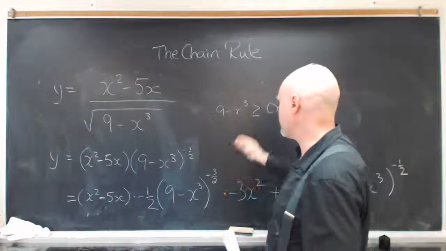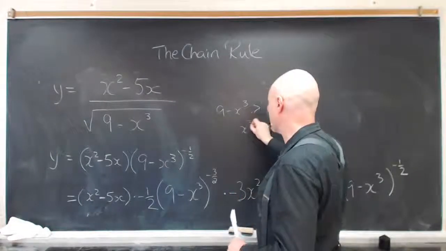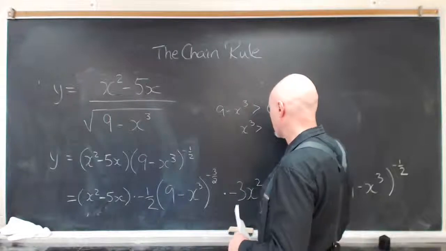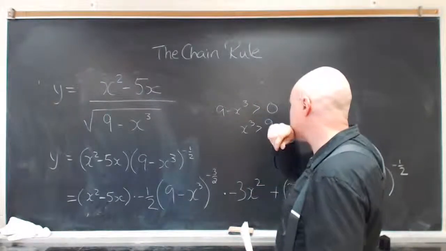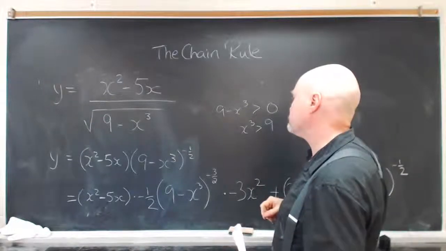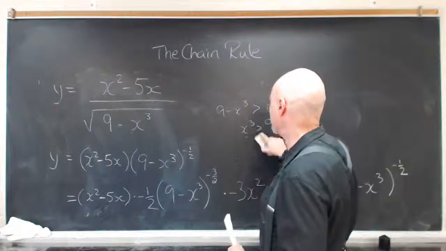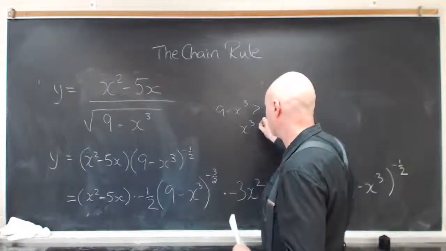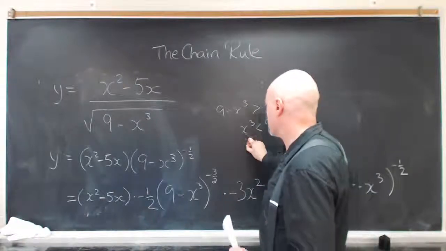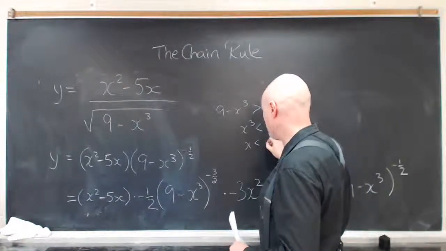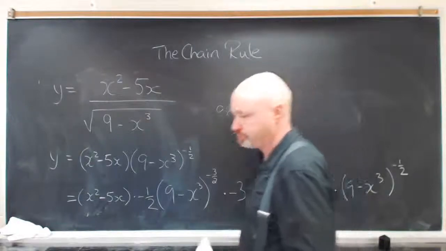Oh, it has to be greater than 0. So x cubed has to be greater than 9. Oh wait, x cubed has to be less than 9. So x has to be less than the cube root of 9.